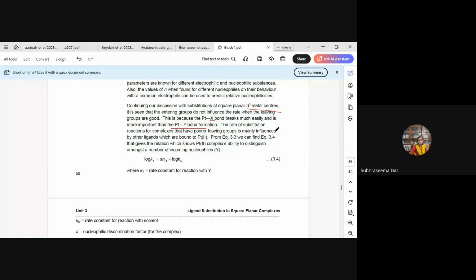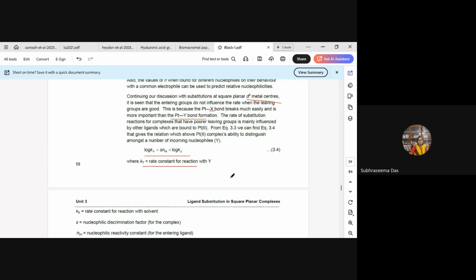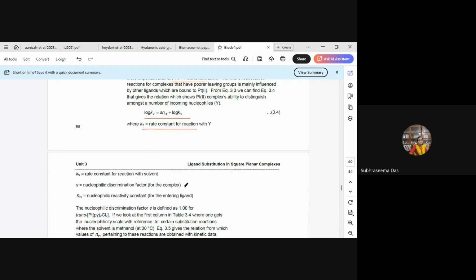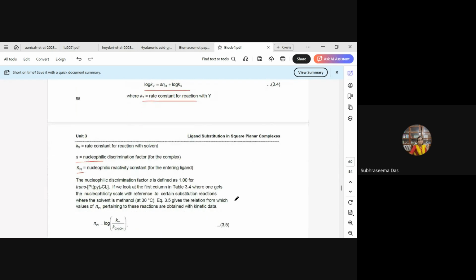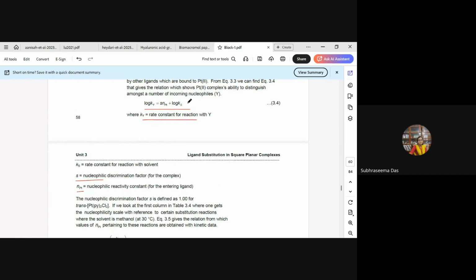From equation 3.3, we can find equation 3.4, which gives log of ky is equal to s n of platinum plus log of ks, where ky is the rate constant of the reaction, ks is the rate constant of the solvent, and s, as we talked about, is the sensitivity, or we call it the nucleophilic discrimination factor, and n is the nucleophilicity.